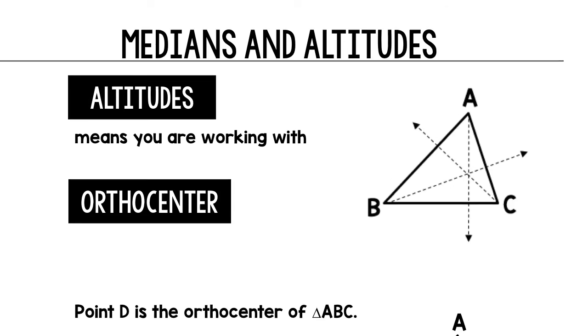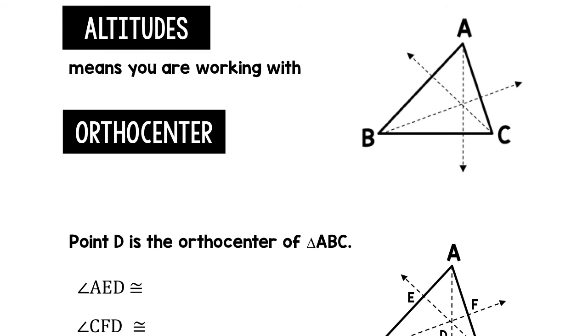Let's look at altitudes. Altitudes means you are working with 90-degree angles. And we have an orthocenter. That is where the altitudes intersect.